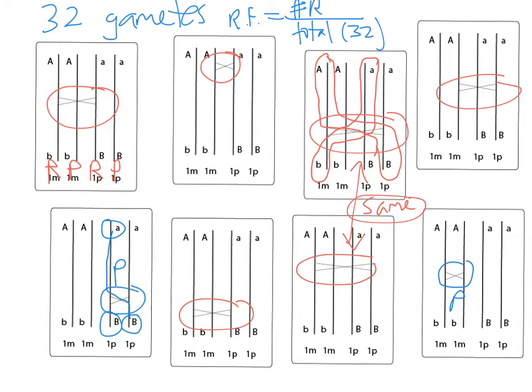So how many different recombinant types do we have? 1, 2, 3, 4, 5, 6. What else? There's recombination here. 7, 8. I think the top left and then the second to the right are the same too.